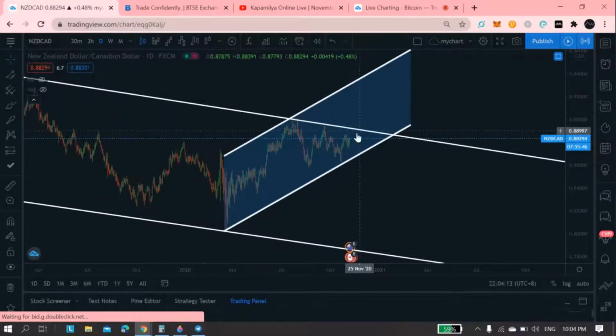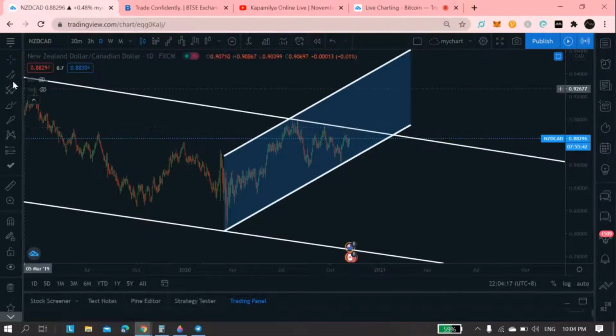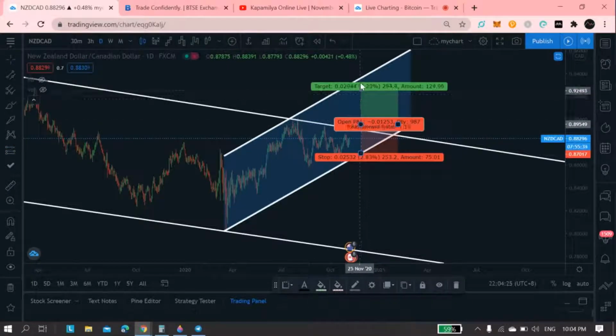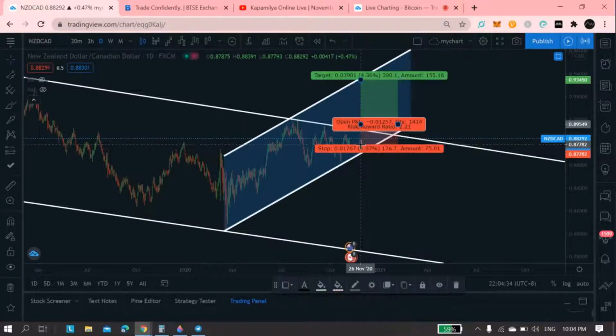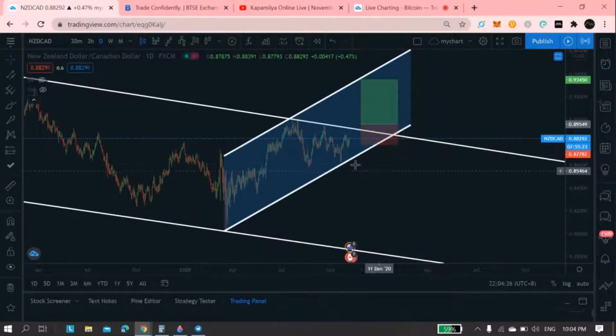That's actually more bullish if it breaks out. I'll enter after it breaks out, and of course this is my possible TP, possibly at this area.